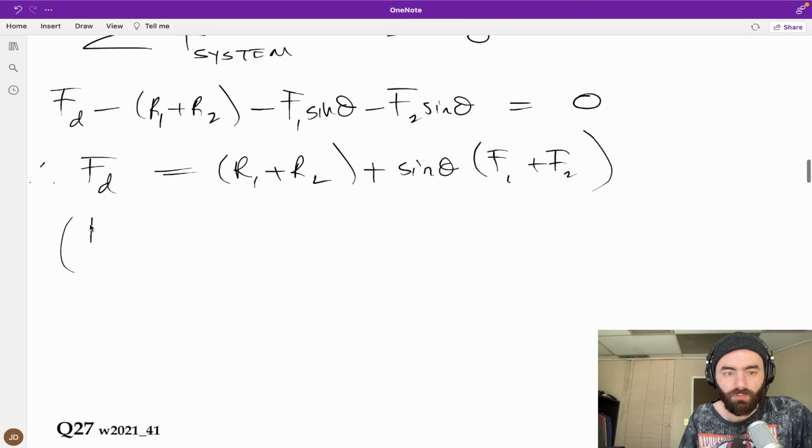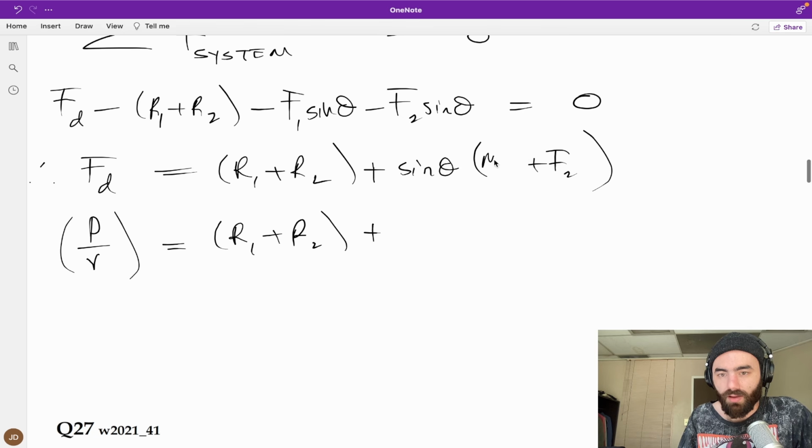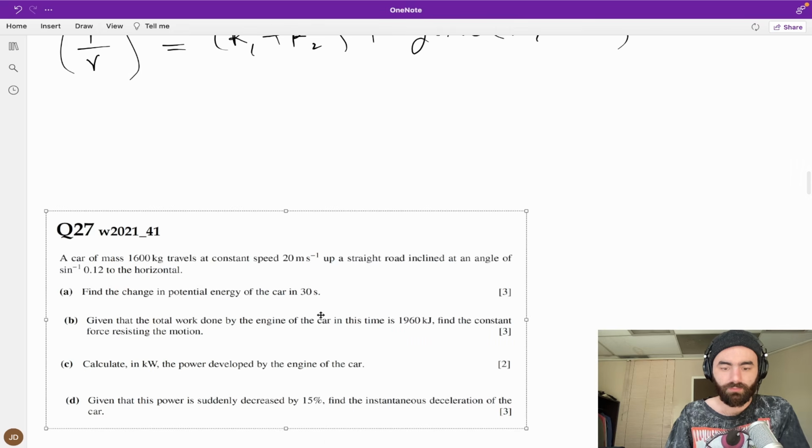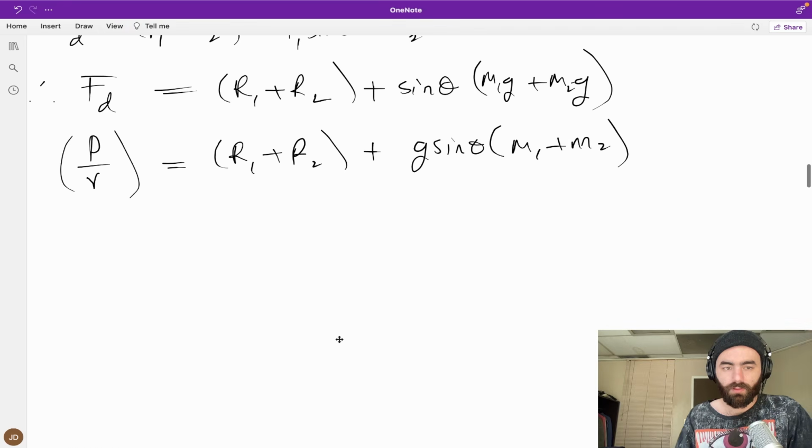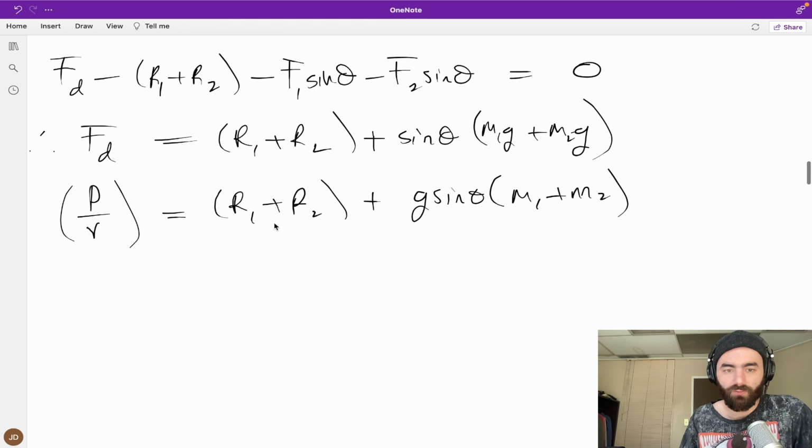So this here will be P over V, which equals R1 plus R2 plus these two things, which are going to be the mass 1 times gravity plus the mass 2 times gravity. We can take G out. I'm just trying to make it as simple as possible. Probably going to need a little more space here. Okay, we have all of these things.